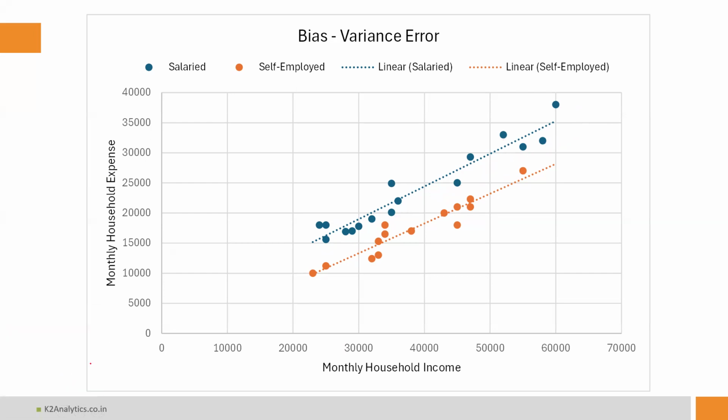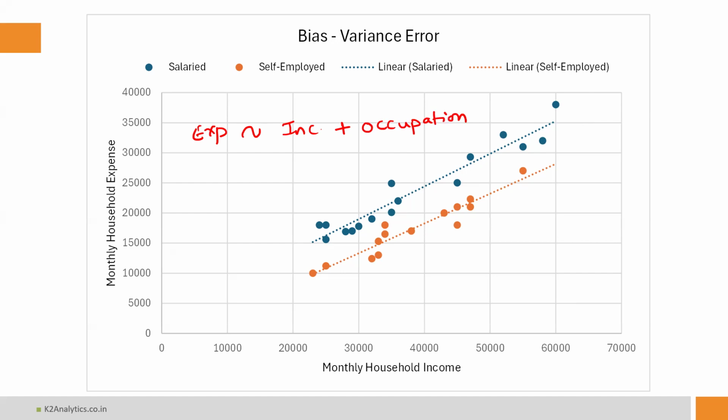A bias error gets introduced when a predictor variable which can influence the prediction of the target variable is not present in the model. You can easily understand that this error can be reduced if we build expense as a function of income plus occupation, that is salaried or self-employed, given that we have two categories here.